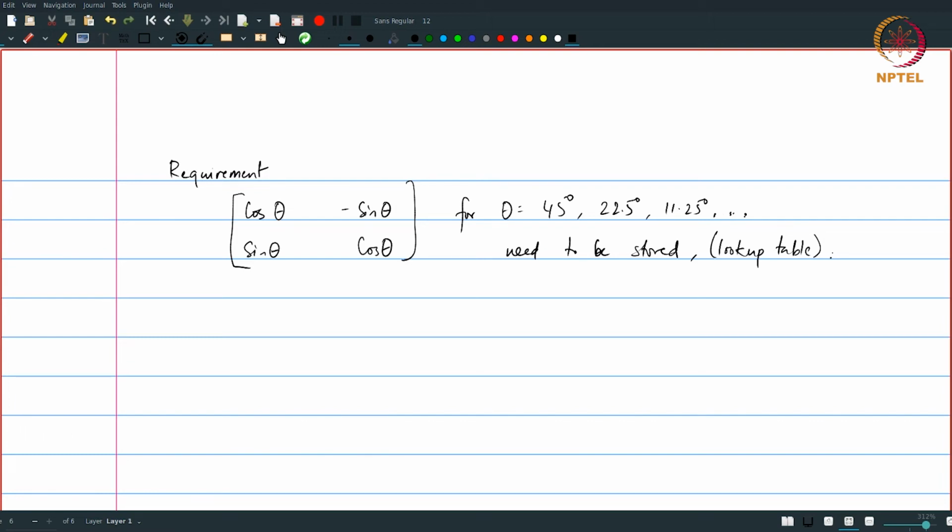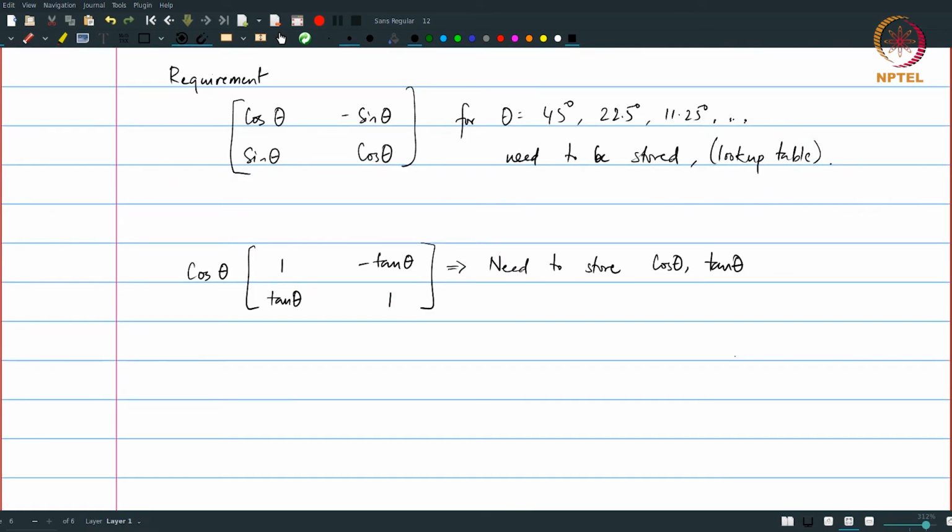Right? In fact, by rewriting this matrix as cos theta into 1 minus tan theta and 1, I would then need to store the values of cos theta and tan theta, right?